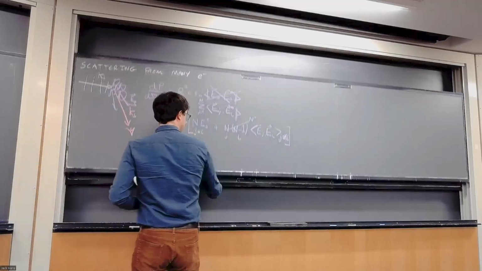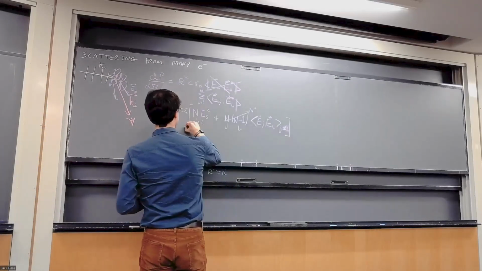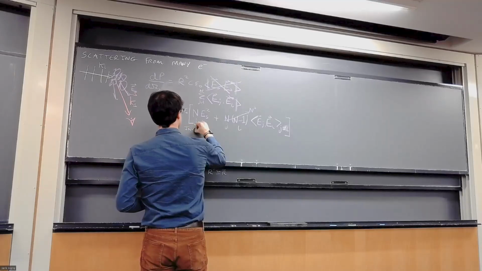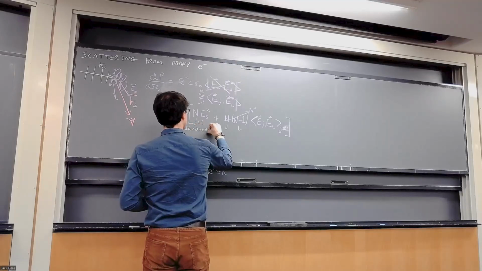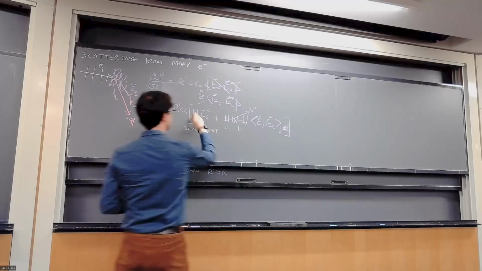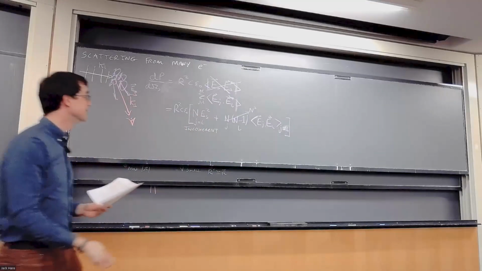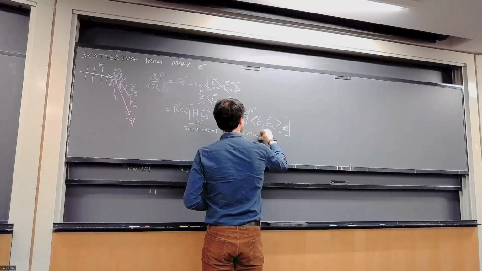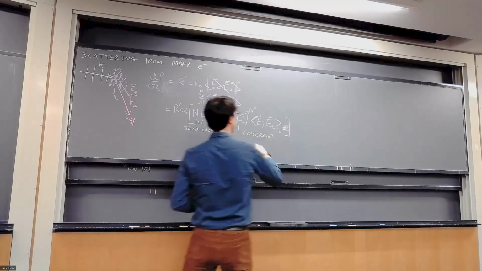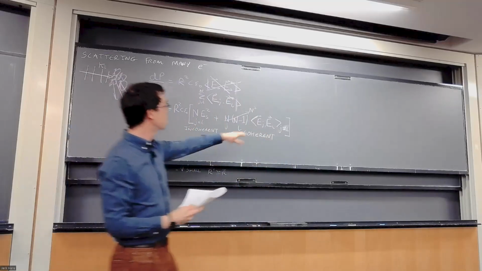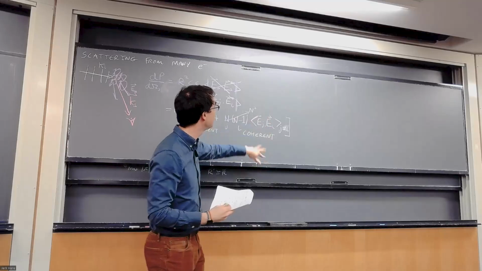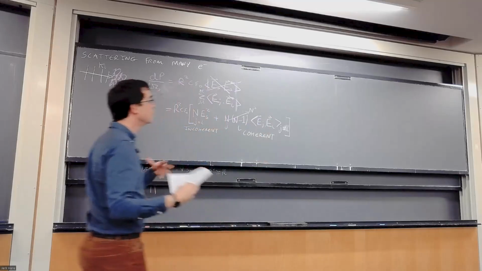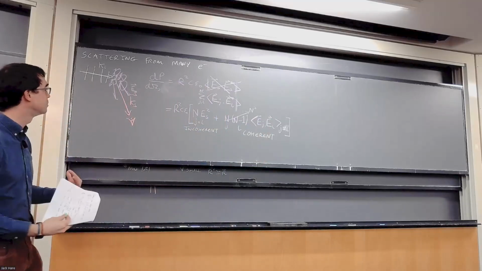And so in this expression, the first term is called the incoherent term, because it just depends on each of the particles independently. The second term is called the coherent term. It's called coherent because unless something is correlating these particles, so that their electric fields have some correlation, you would expect them to be random with respect to each other.